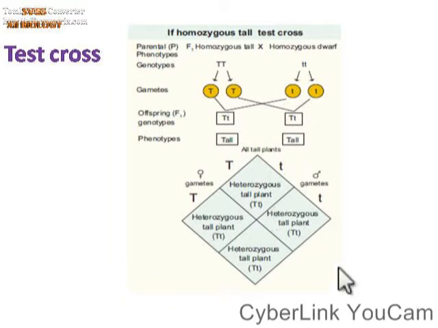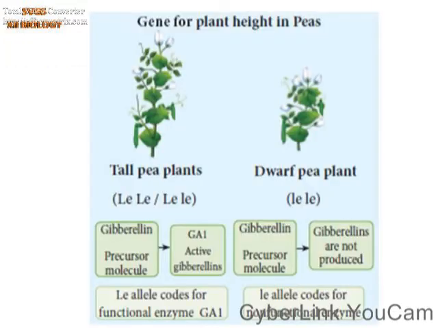Here is the Punnett square which shows the probability of forming progenies. So here we have the molecular reason behind these tall and dwarf plants. In the gene, it is the LE gene which is responsible for the plant height. This is the dominant allele and this is the recessive allele.